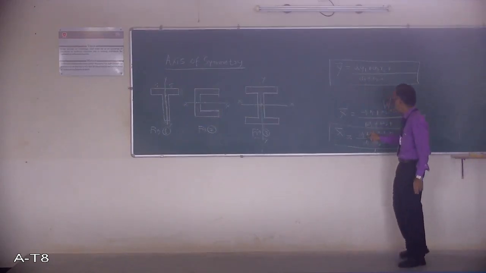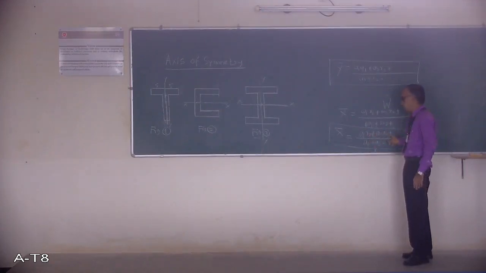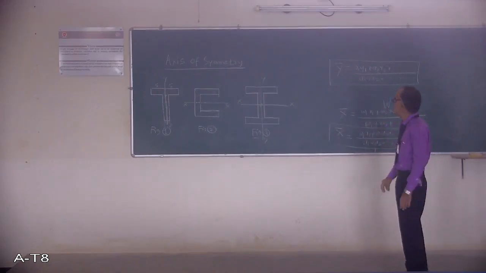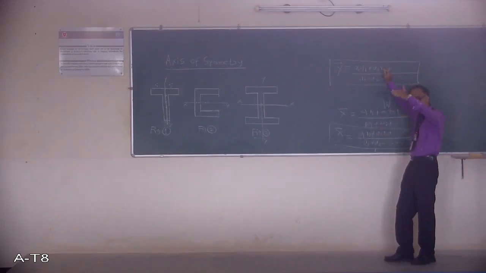What is this A1? A1 is the area of the individual elements. As I took weight W1, that area is A1. Similarly, another weight has area A2. Like that, these are the areas of the individual pieces. X1, X2 are the perpendicular distances from the y-axis. Similarly, A1, A2 are the areas, and Y1, Y2 are the perpendicular distances from the x-axis.